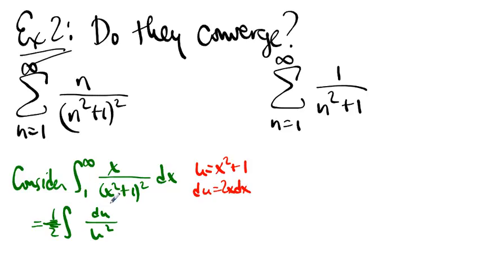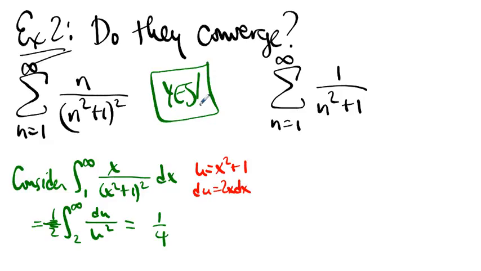If x is 1, u is 2, and if x is infinity, u is infinity squared plus 1. And it can be shown without too much trouble that this is 1/4. And since this integral is a number, this sum is a number.